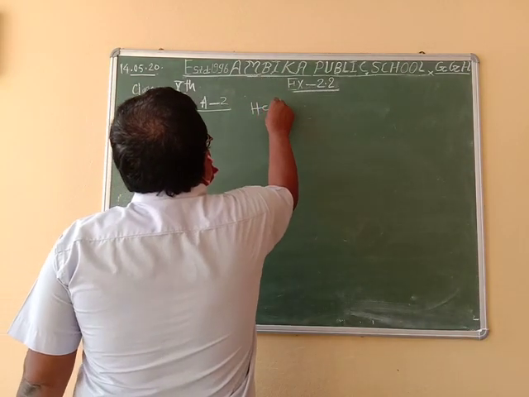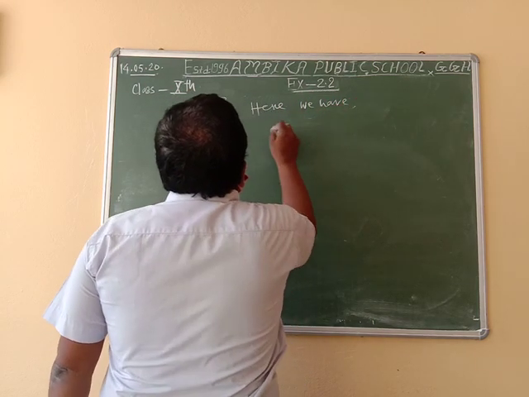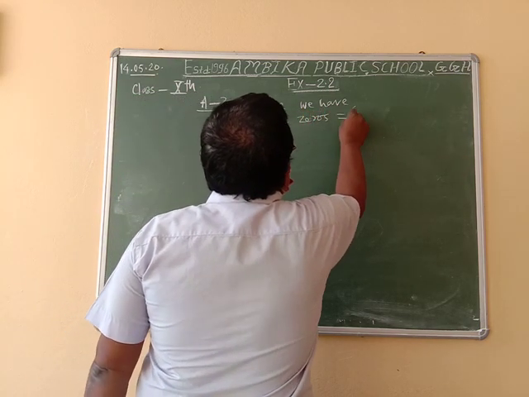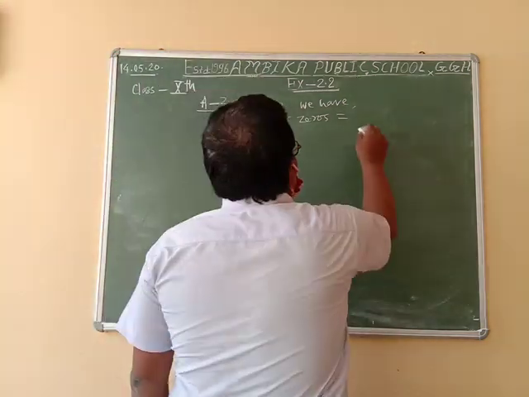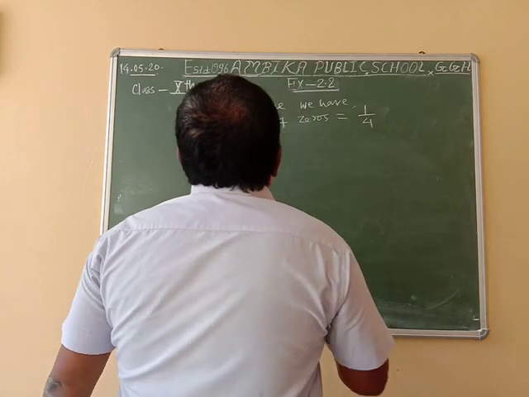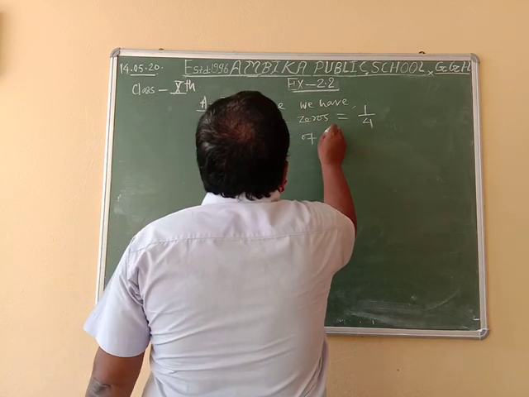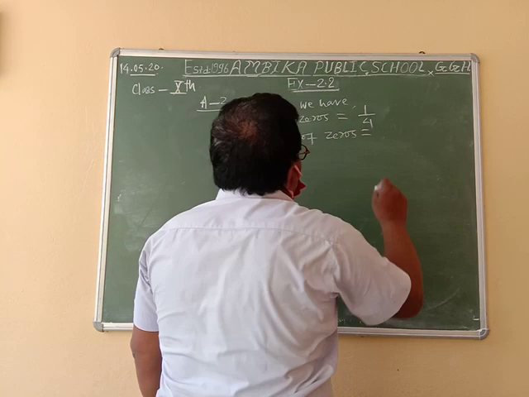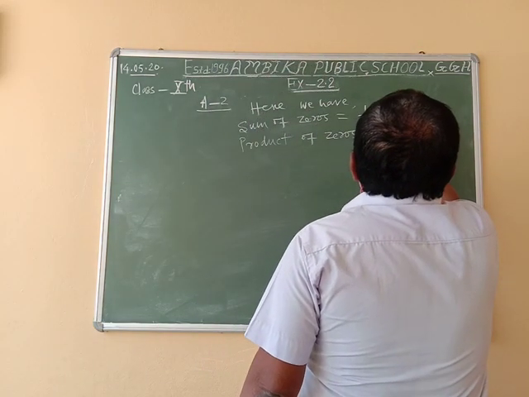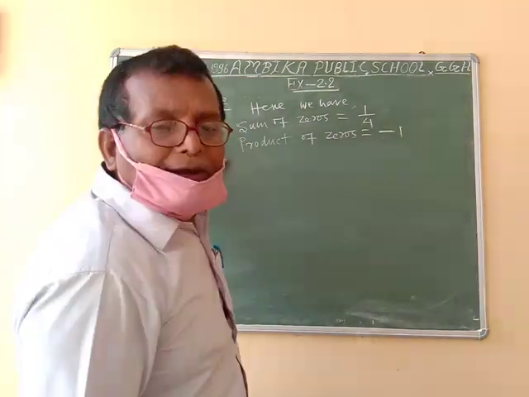Here we have sum of zeros is equal to 1 by 4, which is given, and product of zeros is equal to minus 1. From these values we have to find a quadratic polynomial.